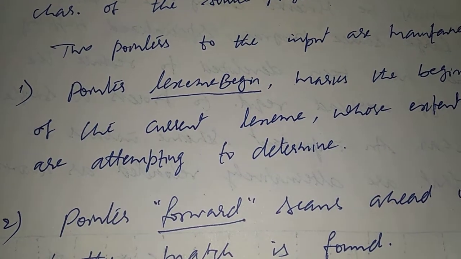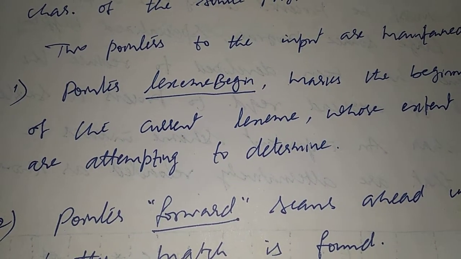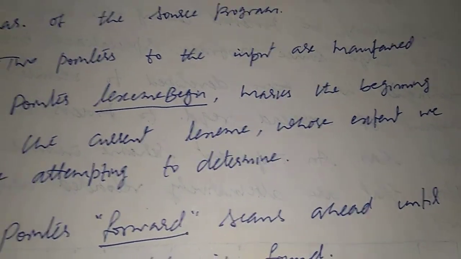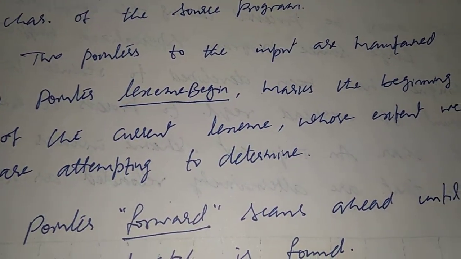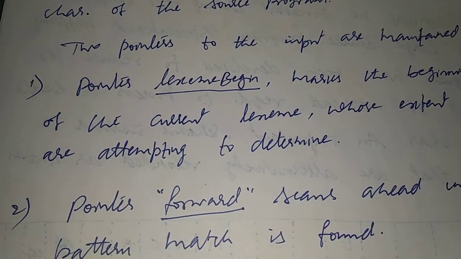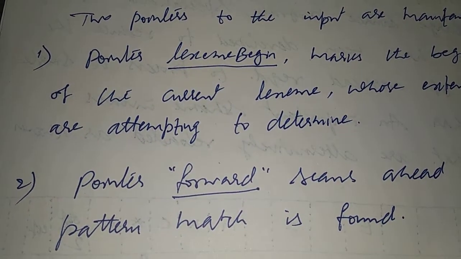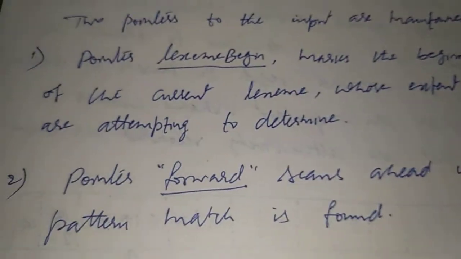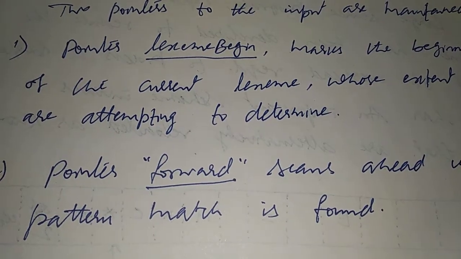Now we'll see the two different pointers. Lexeme begin, the first pointer, marks the beginning of the current lexeme, whose extent we are attempting to determine. And the second one is pointer forward, which scans ahead until a pattern match is found.